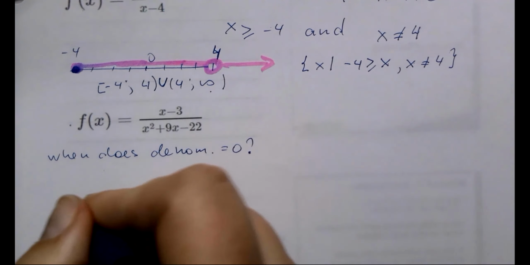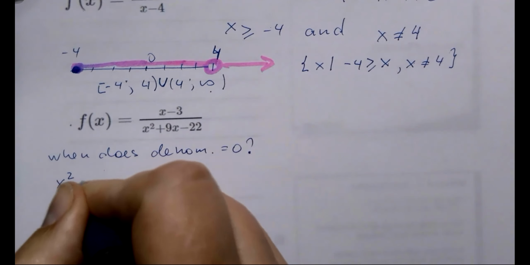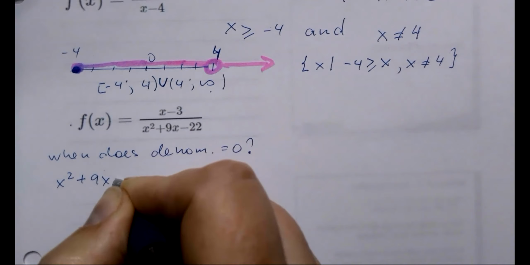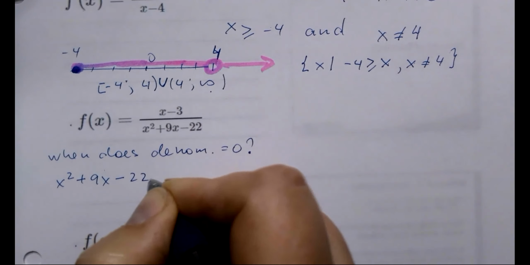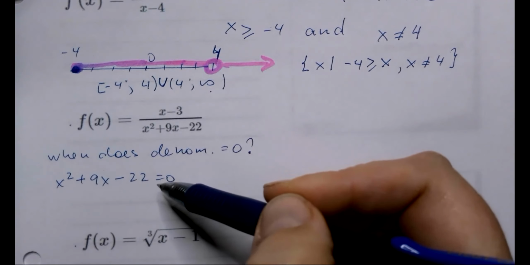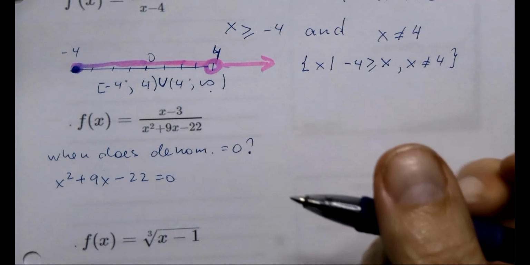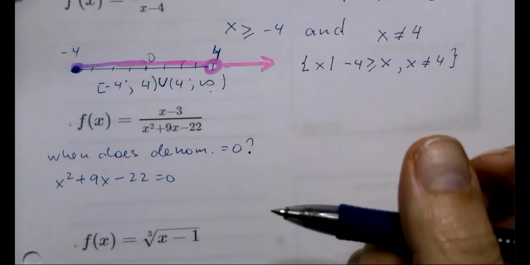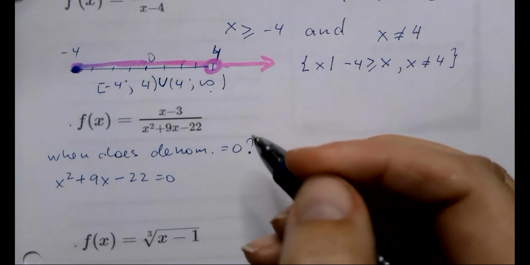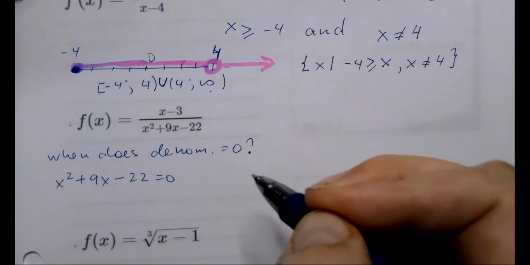In order to find them, we're going to set this denominator equal to 0 and solve it. Now this is a quadratic equation and we will solve it by factoring. If you don't remember how to do it, refer to the video on review of factoring.